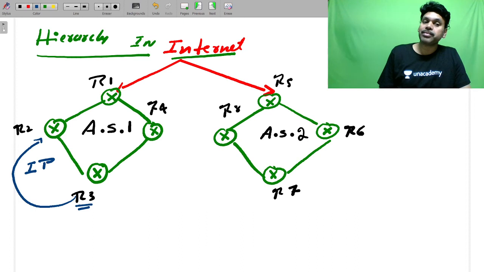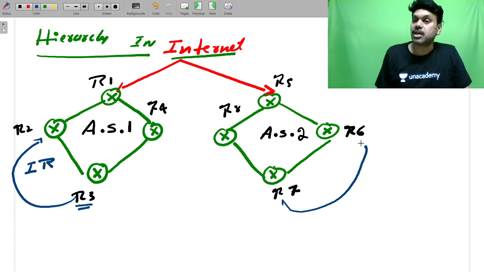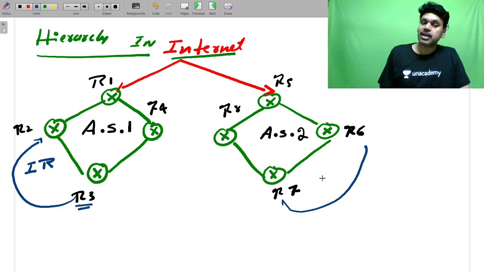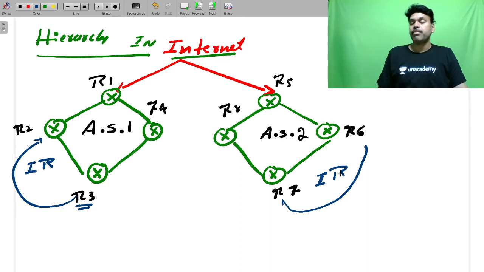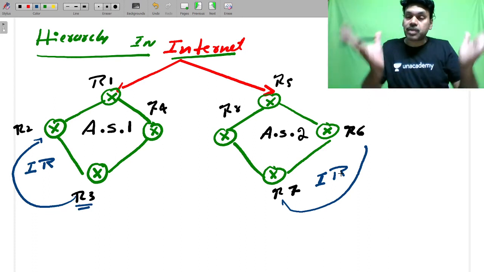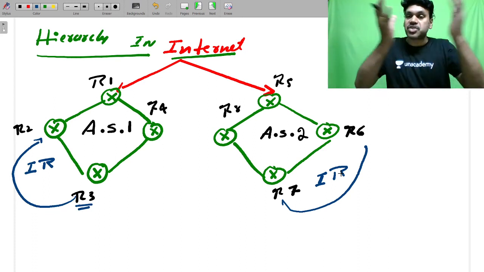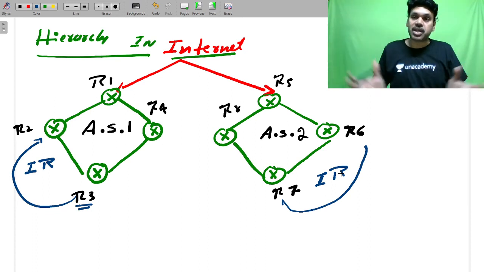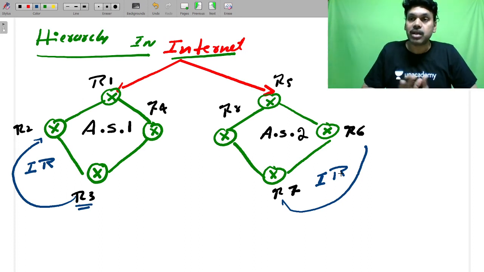Interior routing. And here R7 would like to communicate with R6, district to district or state to state, whatever it may be. Here also it is using interior routing only. My dear friends, what is interior routing? Routing within the autonomous system, communication within your state or a country, is interior routing.